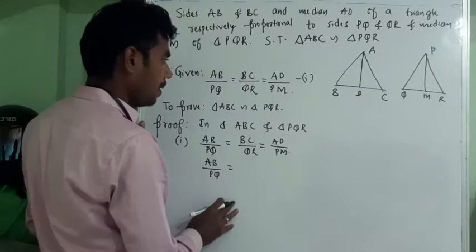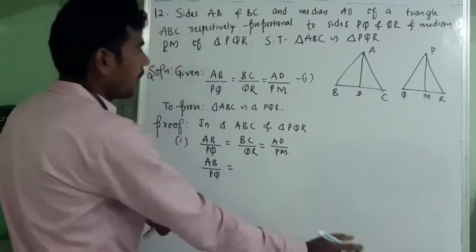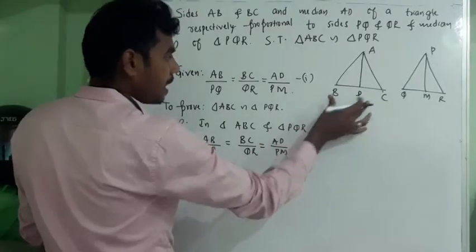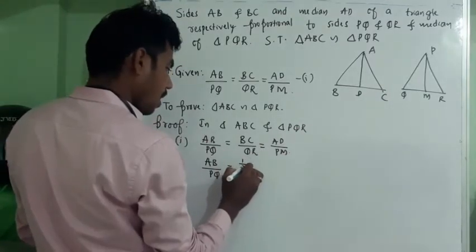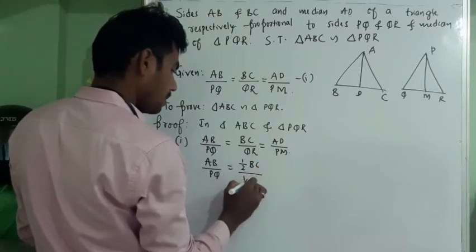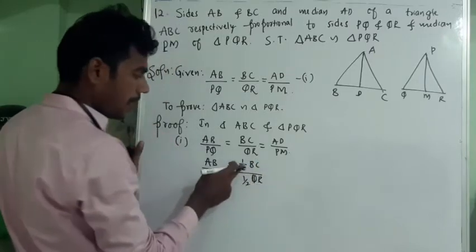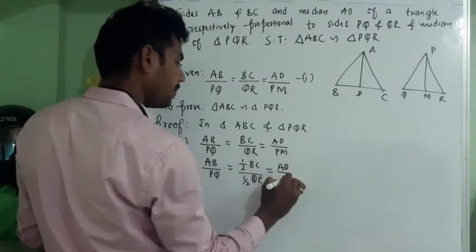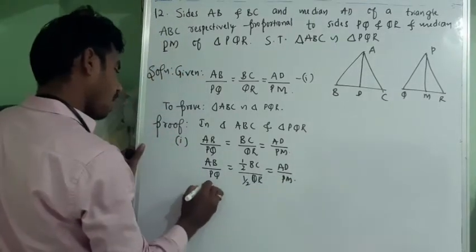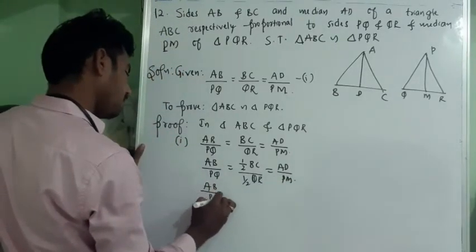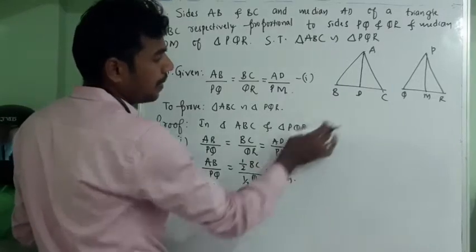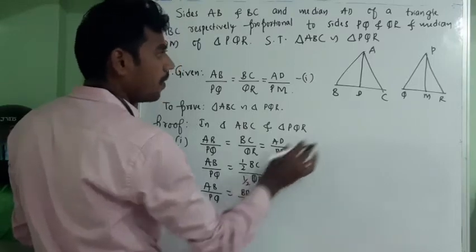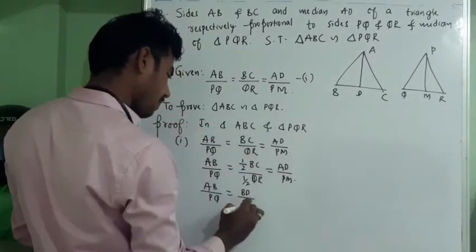Okay, now what can I write? See, BC can be written as half of BC and half of QR. See, I am going to multiply half in the numerator and denominator. Okay, is equal to AD by PM. Or else AB by PQ is equal to half of BC can be written as BD and half of QR can be written as QM.